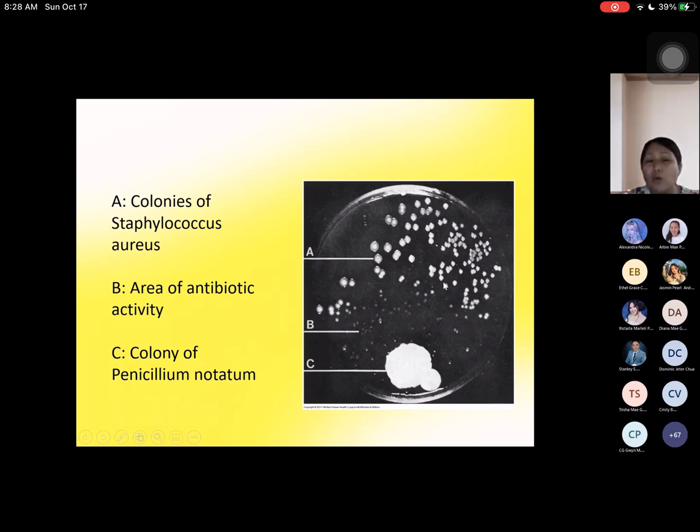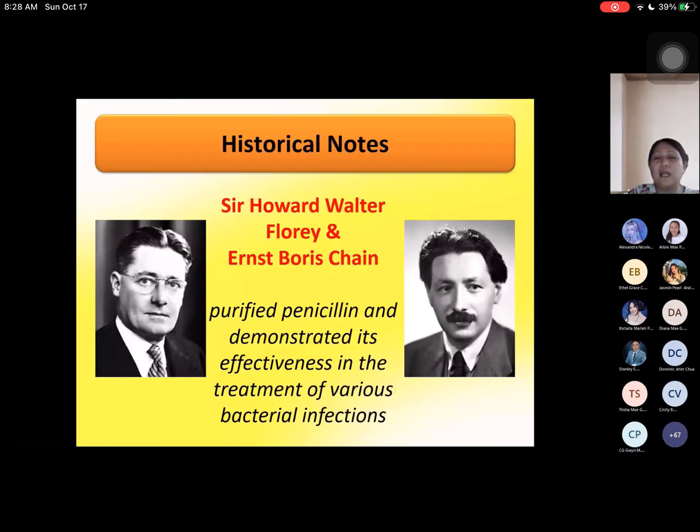So this is the start of the discovery of penicillin from Penicillium notatum, from the fungi. So it has an antibacterial property. Next, we have Sir Howard Walter Florey and Ernst Boris Chain. I think they are the ones who continued the work of Paul Ehrlich.